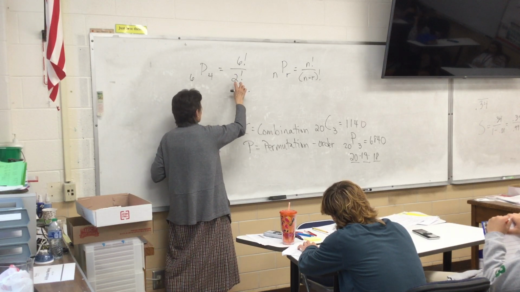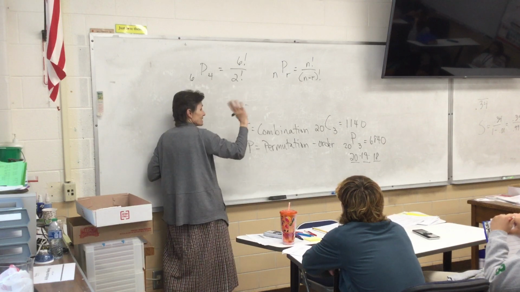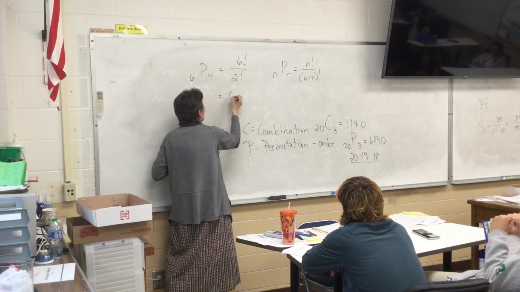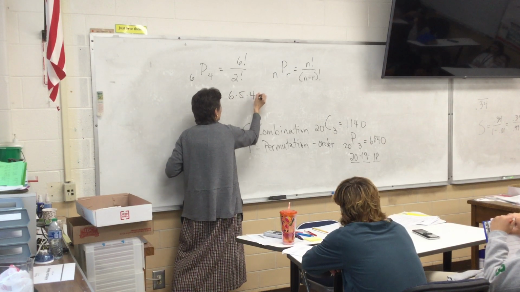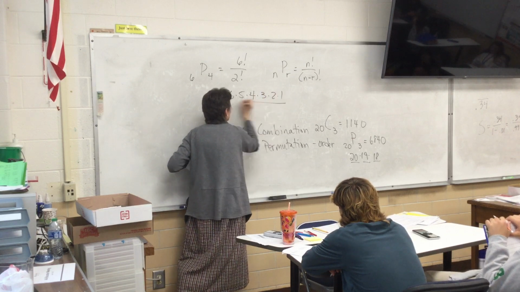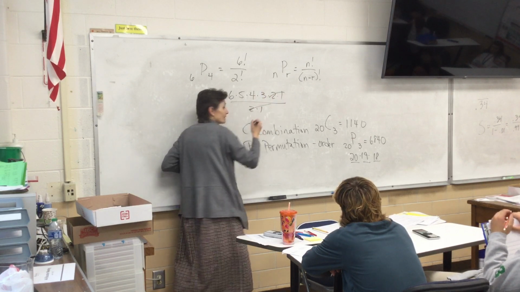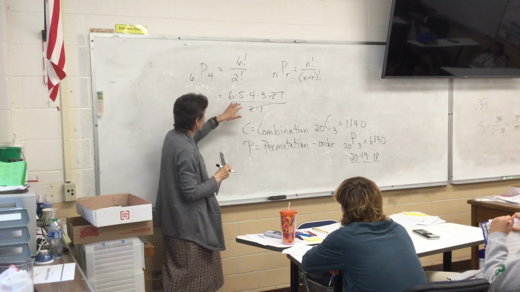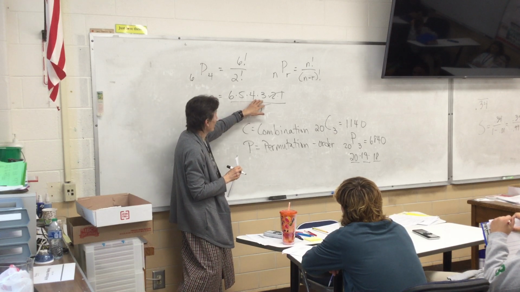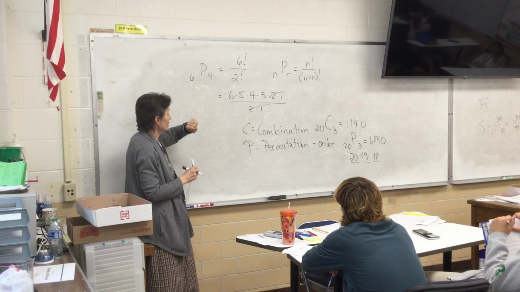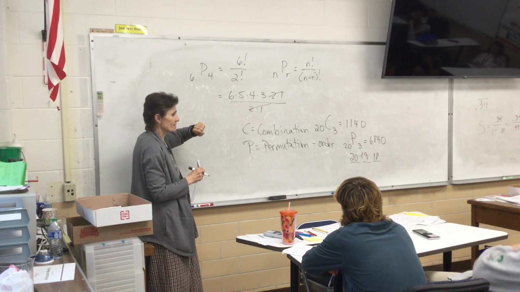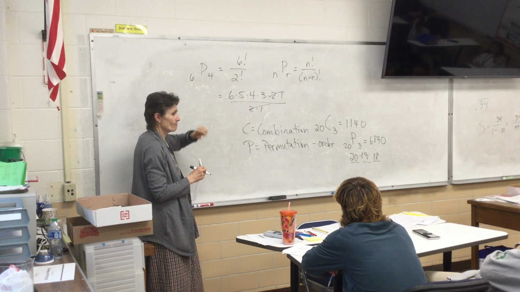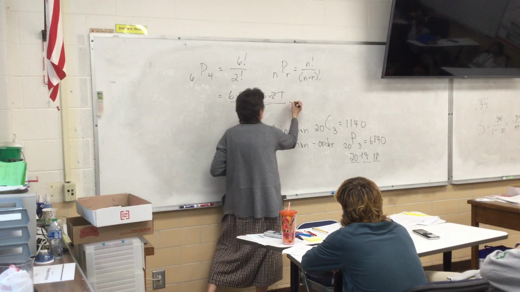You cannot cancel 2 into 6. That's not the way this works. But if you write out 6 factorial, do you see that that part will cancel? And so you would end up with 30 times 12, which is 360. Is that right? So the answer would be 360.